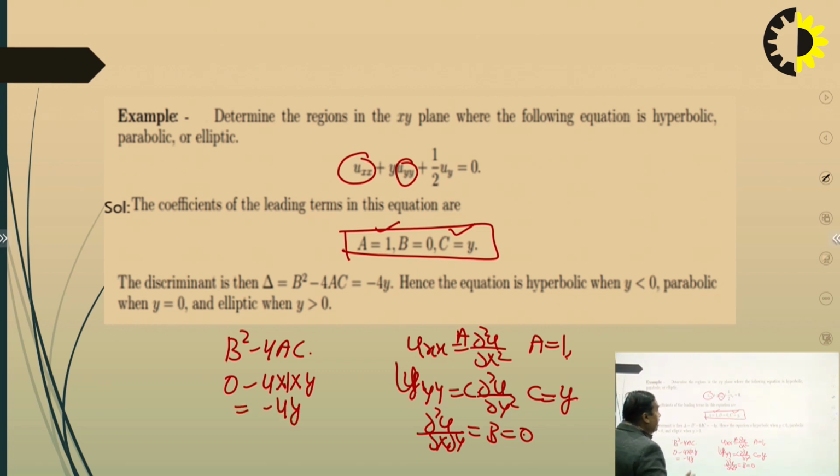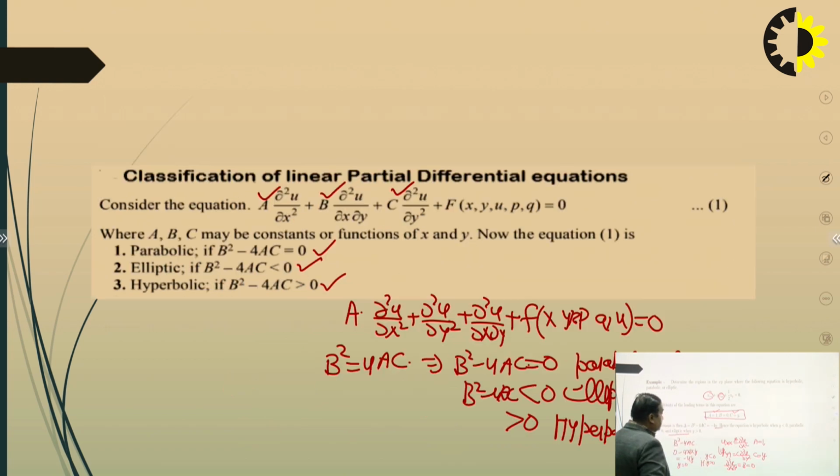If y is less than 0, then it becomes hyperbolic, because it is negative. Parabolic if y is equal to 0. And if y is greater than 0, then it becomes elliptic. Since b square minus 4ac equal to 0 is parabolic, less than 0 is elliptic, and greater than 0 is hyperbolic.